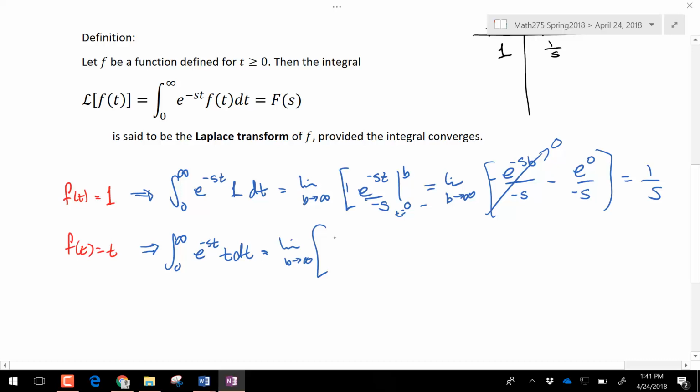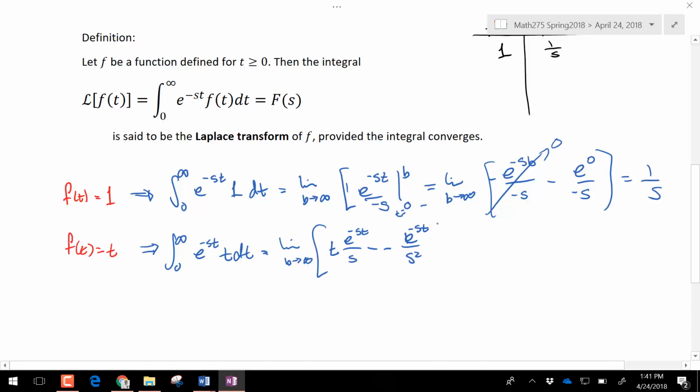So I think it's going to be t times e to the negative st over s, minus the integral of v du. v du is equal to 1 over s, so that's negative 1 over s squared, e to the negative st over s squared.